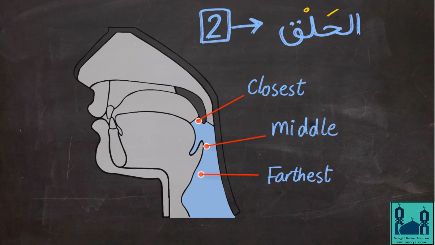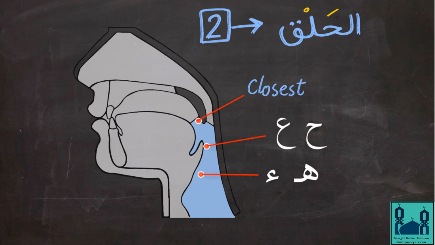The farthest part of the throat produces ha and hamza. The middle part produces ha and ayn. And the closest part produces kha and ghayn. And in this lesson, we'll focus on the farthest part of the throat and the sounds produced in that area.